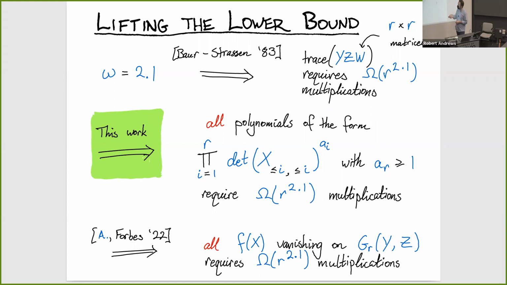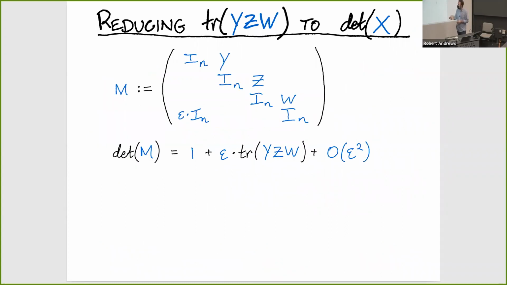And it somehow uses the fact that we have this 1 plus epsilon here. You could think, well, what happens when I take a power of this? What happens when I square this? Well, the linear term in epsilon just becomes 2 times the trace. If I take a third power of this, the linear term in epsilon becomes 3 times the trace.